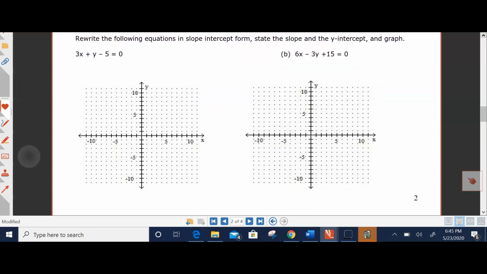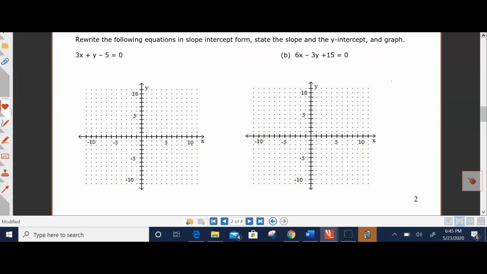For these two, we want to put them in slope-intercept form, which is y equal mx plus b. And then once it's in that form, we're going to go ahead and graph it. So that means we need to solve this equation for y, solve this equation for y.